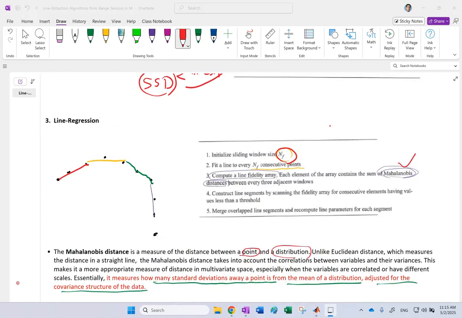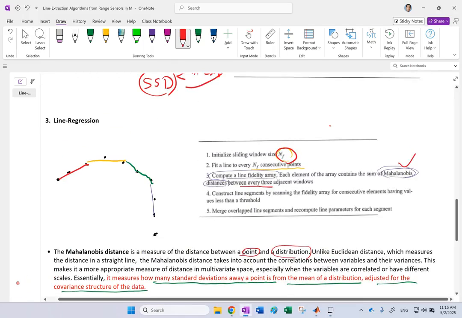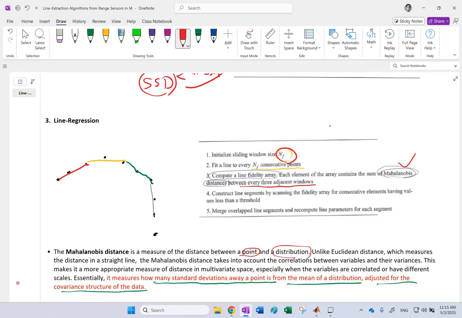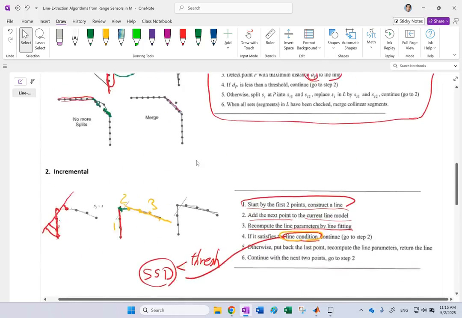Okay, so now that we know what Mahalanobis distance is, between each three adjacent windows or line segments, we calculate this value, and if it's bigger than some threshold, then we keep them separate. Otherwise, we can merge them together. Then you're going to see the result in my simulations.